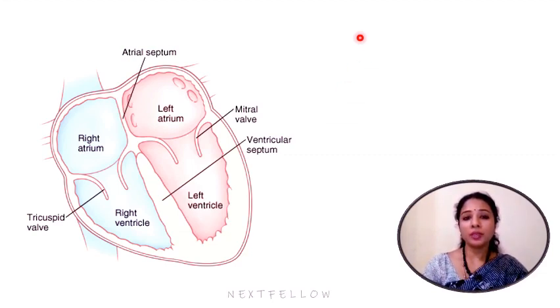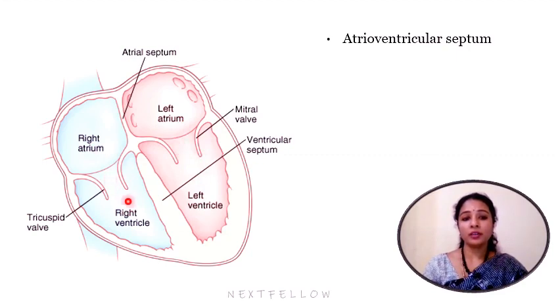So these septa are like the atrioventricular septum, which separates the atria from the ventricles. This atrioventricular septum has two openings, one on each side, which are guarded by the tricuspid and mitral valve or bicuspid valve.